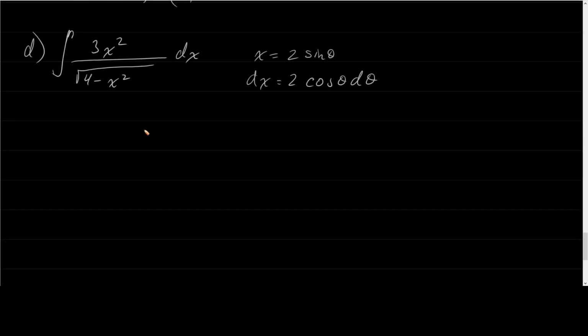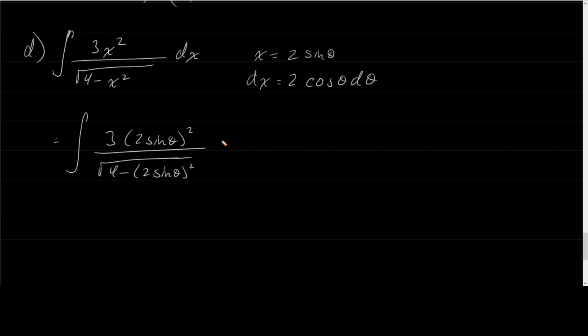And now, what does that tell us? That tells us that the integral becomes 3 times 2 sine theta squared over the square root of 4 minus 2 sine theta squared, times dx, which was 2 cosine theta d theta.